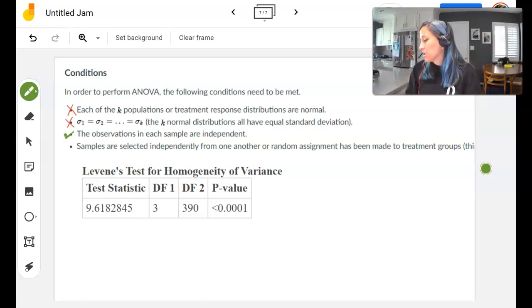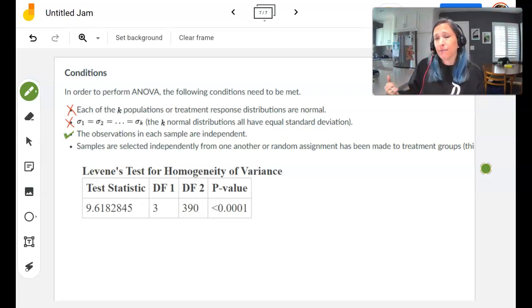And then, the samples are selected independently from one another, or random assignment has been made. Again, I didn't read their entire article about how they selected this Lego data. But theoretically, you'd want to take, of all the Legos that are Star Wars, a random sample from that population. Of all the Legos that are Friends, take a random sample from that population.